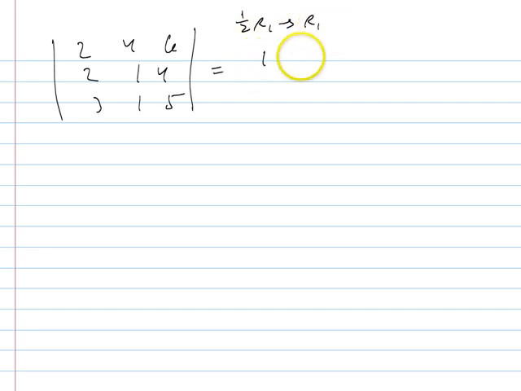Well, when I do that, 1, 2, 3, 2, 1, 4, 3, 1, 5, what's happened is that the determinant has actually changed values by multiplying a row by a half. The determinant got multiplied by a half also. So I'm going to need to counteract that by multiplying this answer by 2 because it's been reduced. I showed you before that this matrix becomes 2.